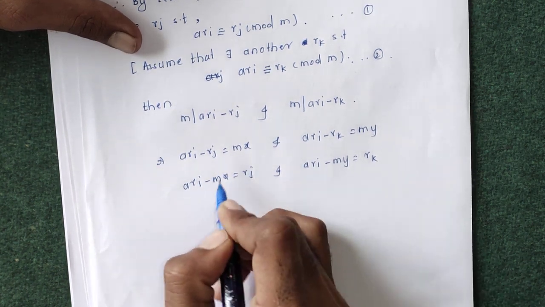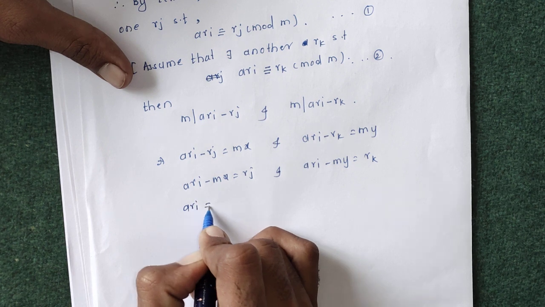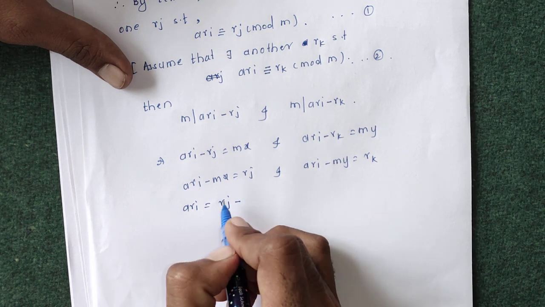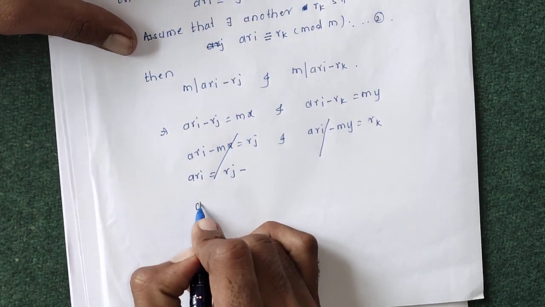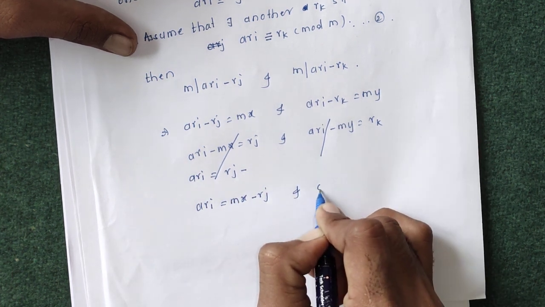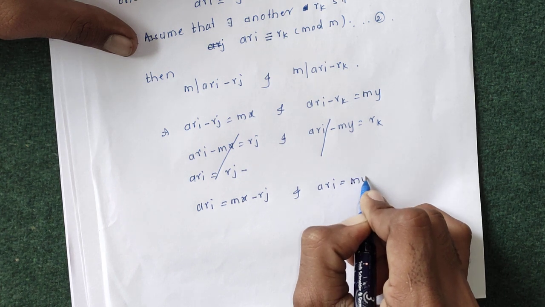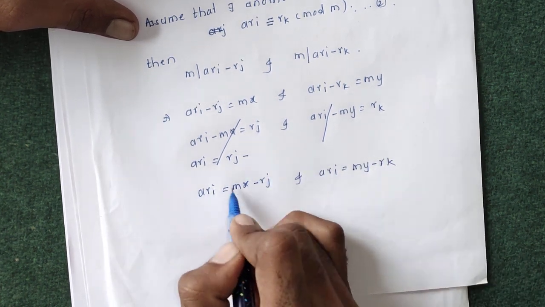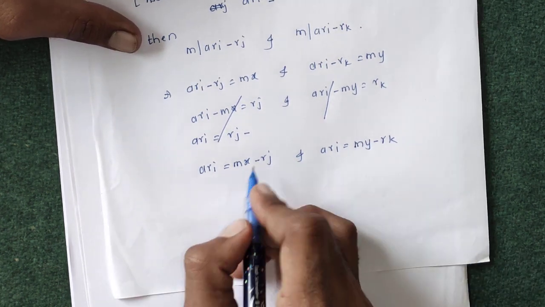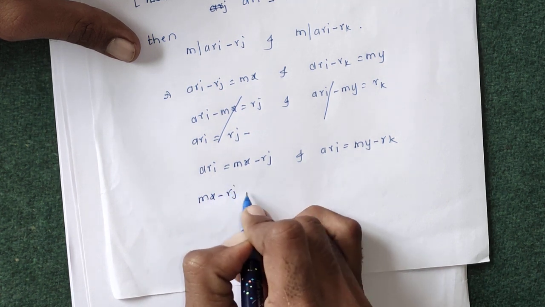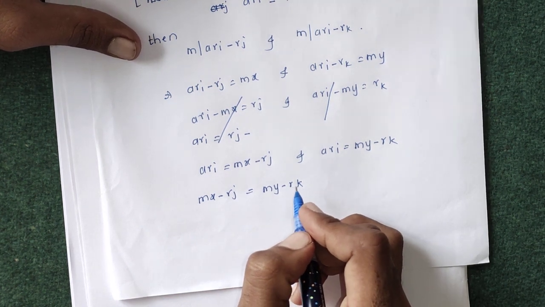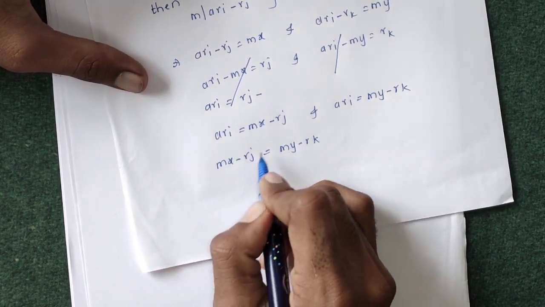Instead of this arrangement, if we take aRi is equal to Mx plus Rj, and this aRi is equal to My plus Rk, then from these two equations we get Mx plus Rj is equal to My plus Rk.